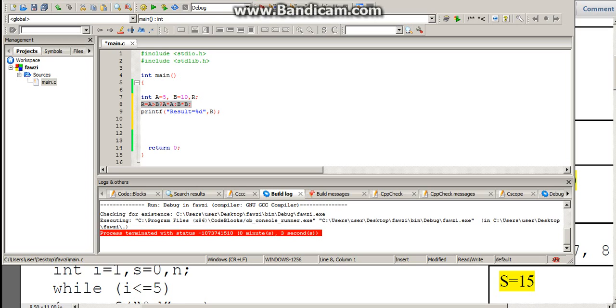Now, this statement means an if statement, exactly like an if statement in a different way. See here, this question mark is equal to if, and this colon is else. Here it is mentioned, if a is greater than b, then print r is a multiplied by a.